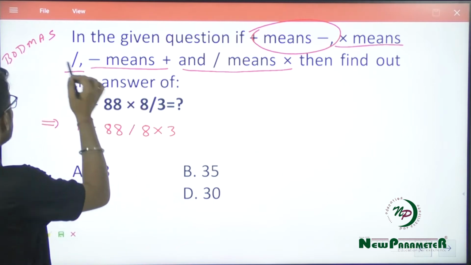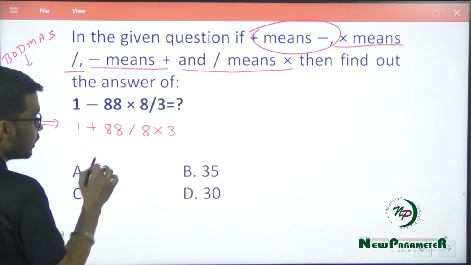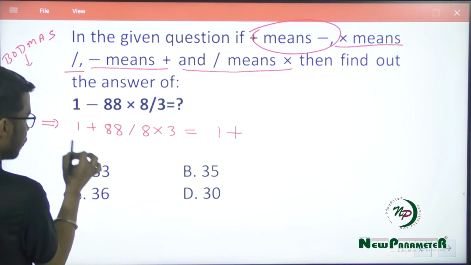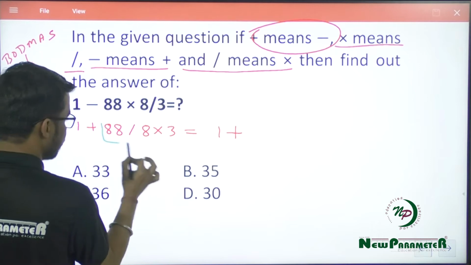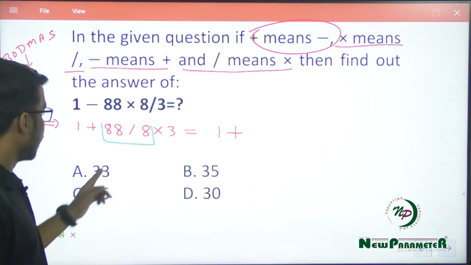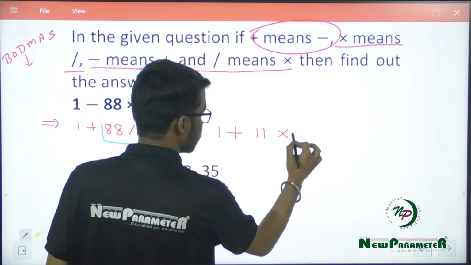As I was telling you, in BODMAS first it will be divide. So 88 divided by 8 would give me 11, and I solve only this part, the rest of the equation will remain the same. So 1 plus 88 divided by 8 gives 1 plus 11 cross 3.